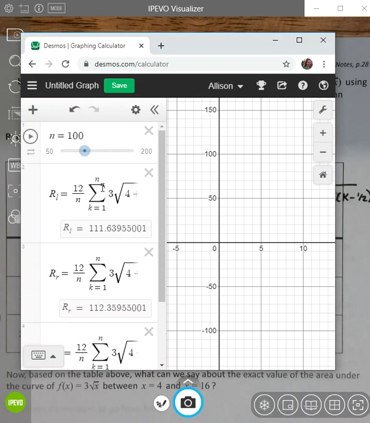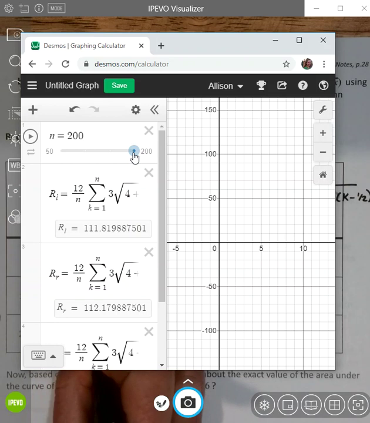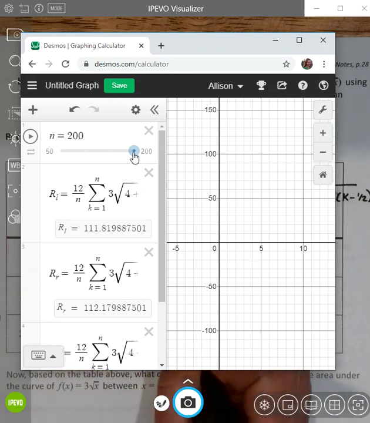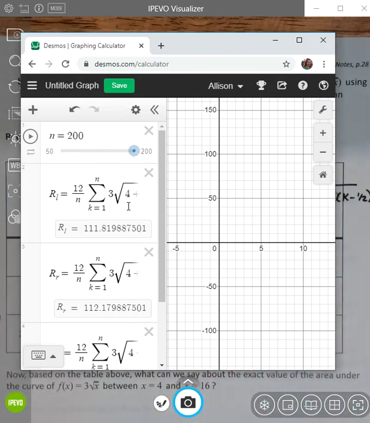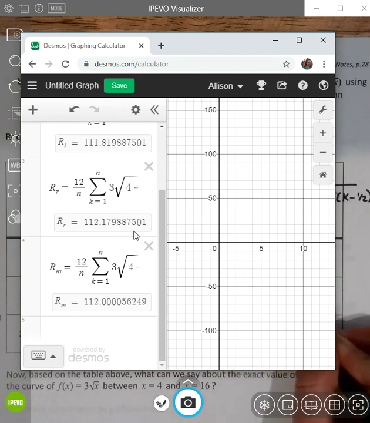Now if we increase, we can see what 150 would be. I'm going to increase all the way to 200. So 200, I have 111.81989, 112.17989, and 112.000056.